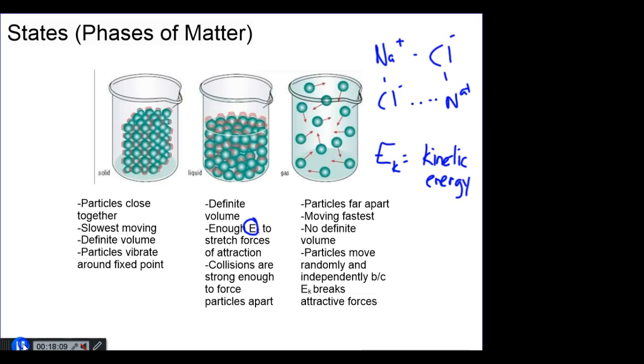Gases are very interesting. They're harder to measure than solids or liquids because their particles are farther apart and they don't have definite volume. Their motion, well, they have vibrational, they're shaking, they're turning around, rotational, and they also have translational motion, which means they go in a straight line until they bounce off something.